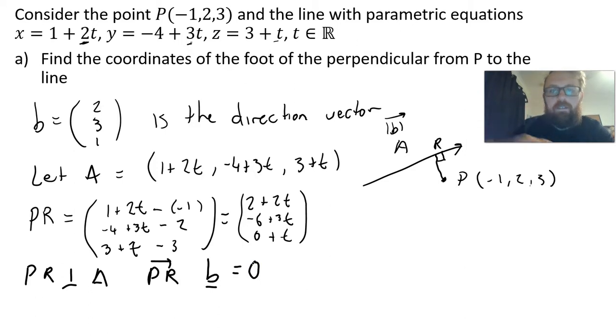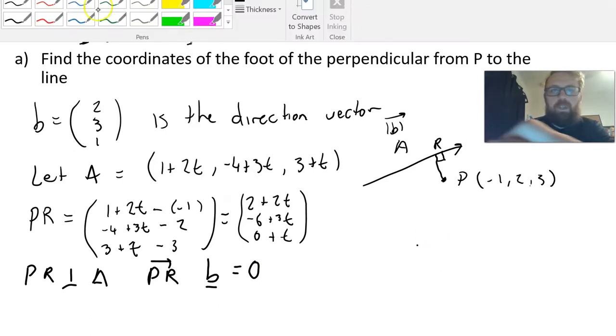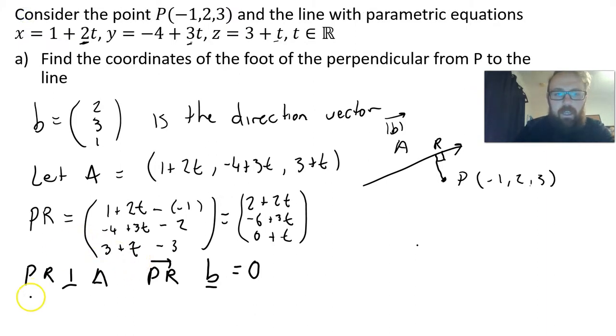Let's have a go at that now. Our PR is 2 plus 2t, negative 6 plus 3t, and just t at the bottom.